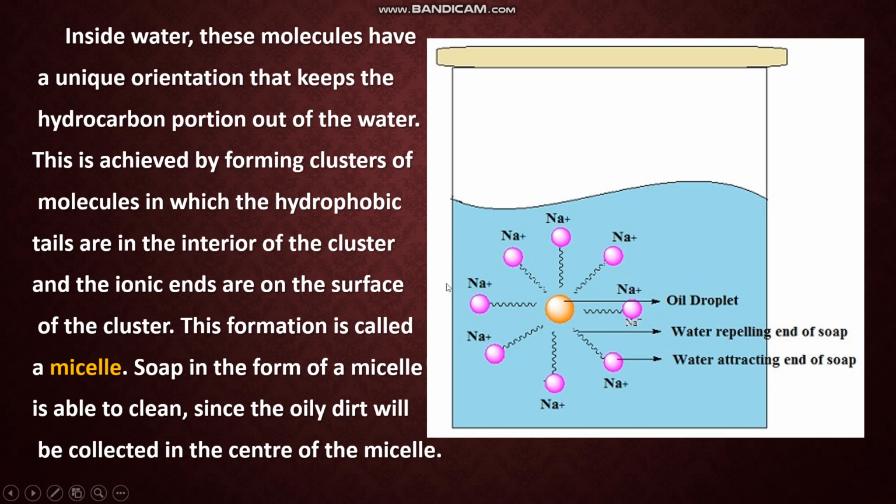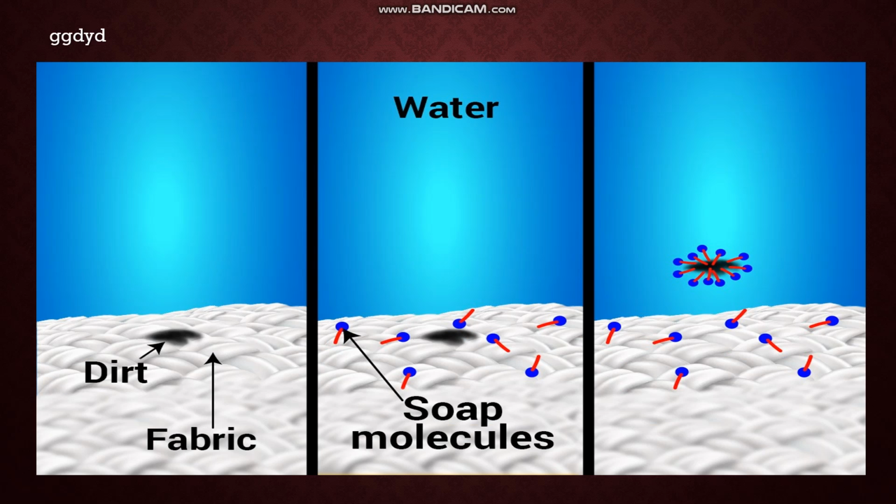The hydrophilic end is soluble in the water. The hydrophobic end is soluble in the grease or oil. Dirt is oil in nature, as we have already seen. Thus a micelle formation takes place.